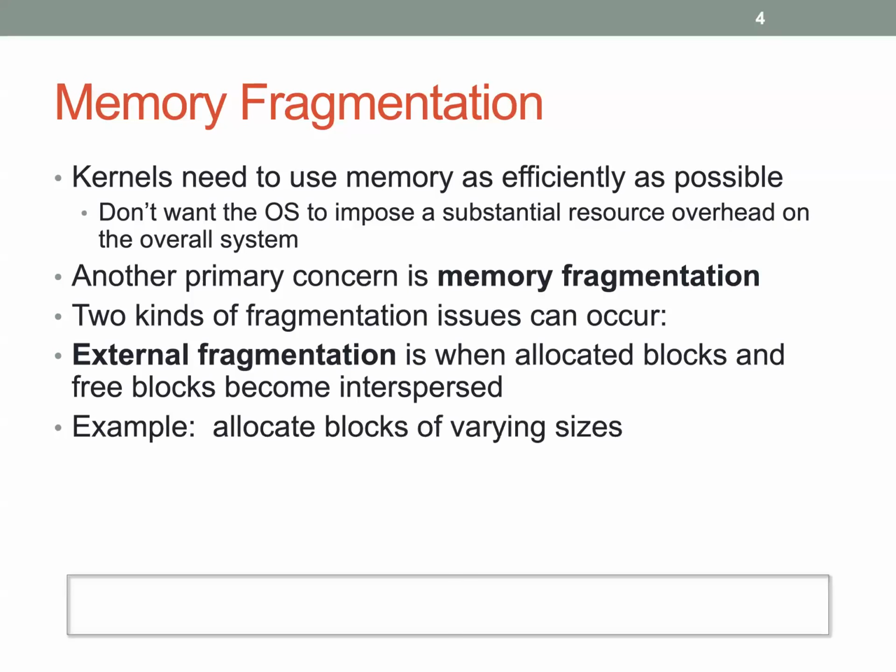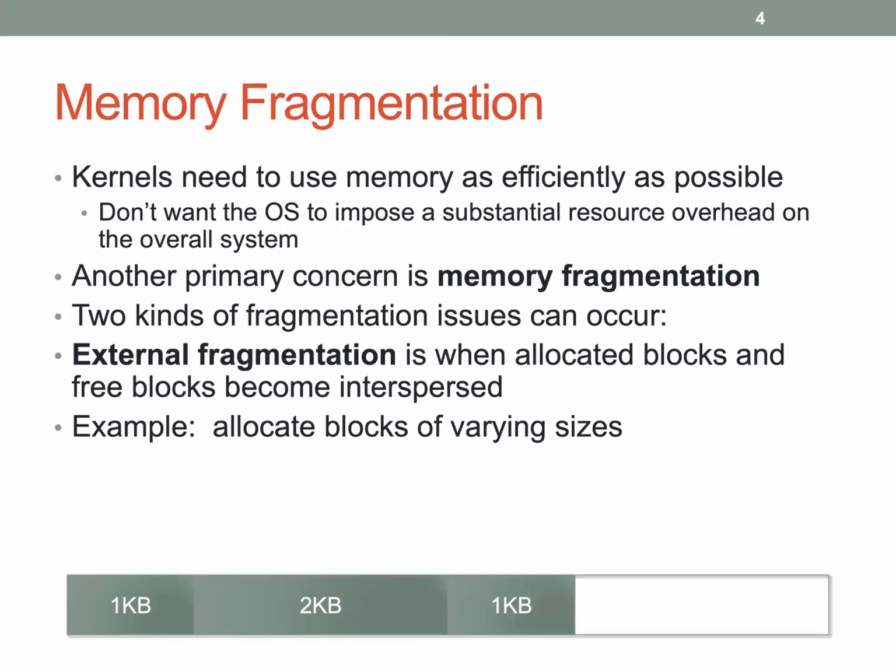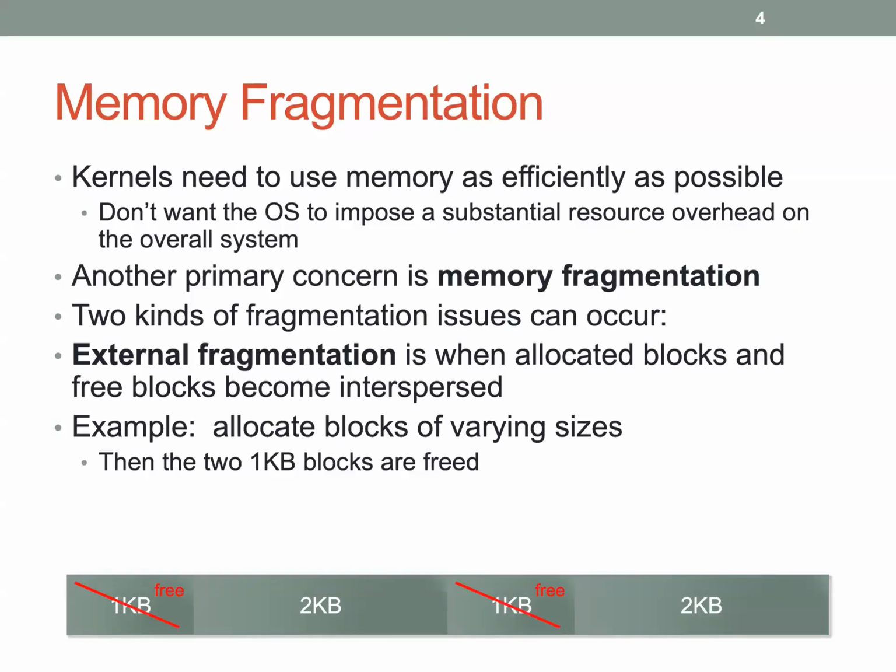So you have this example allocating blocks of various sizes. So you allocate 1 kilobyte, then you allocate 2 kilobytes, you allocate another 1 kilobyte block, and then a 2 kilobyte block, and then you free the 1 kilobyte blocks. Now you can see, because this is simple, that there is 2 kilobytes total available in the memory pool, but we will fail any allocation request that is above 1 kilobyte, even though there's 2 kilobytes available.